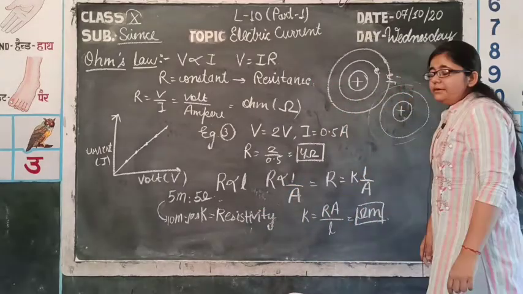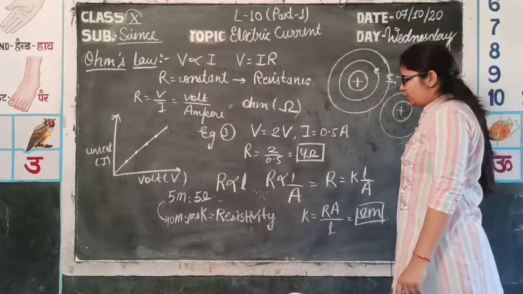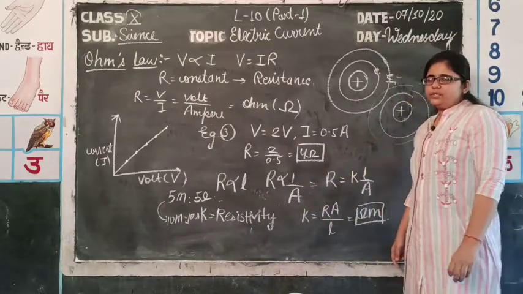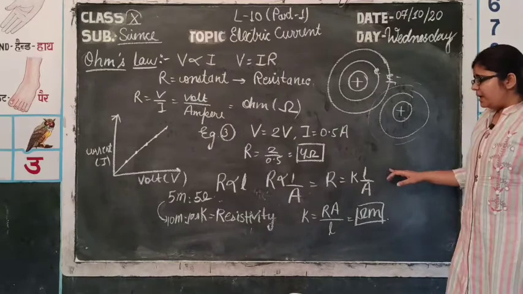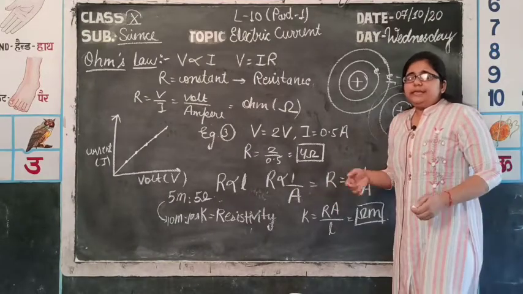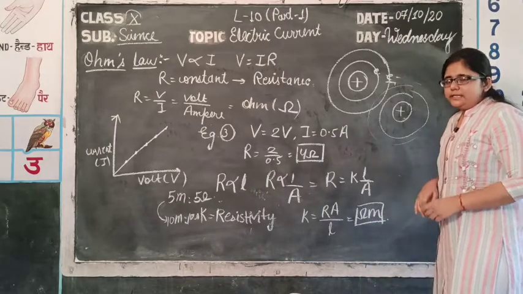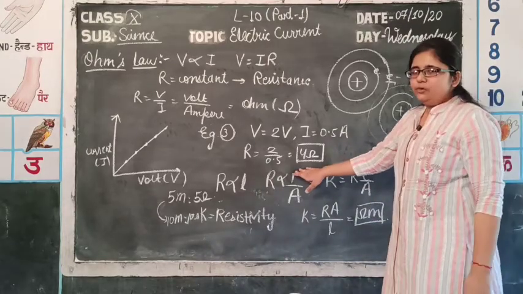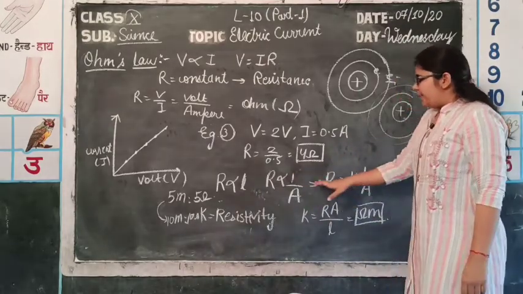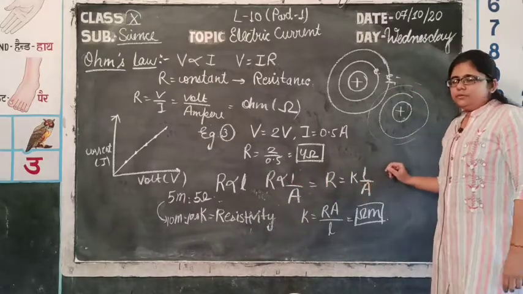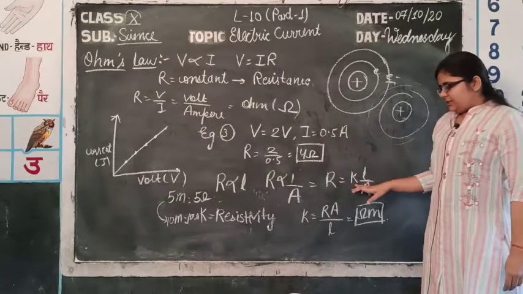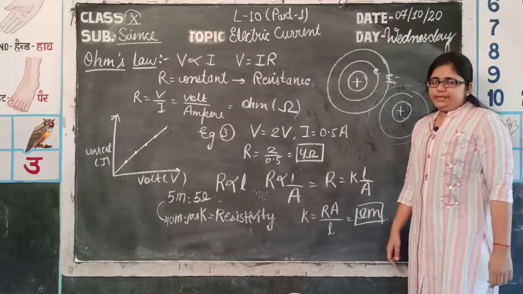The second one is that resistance is inversely proportional to the area of cross section. If you increase the area of cross section, the flow of charges will be less restricted and the resistance value will decrease. By removing the proportionality sign, you get a constant known as resistivity.